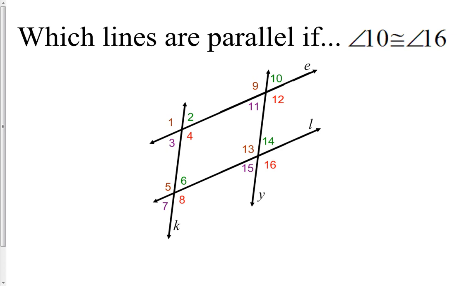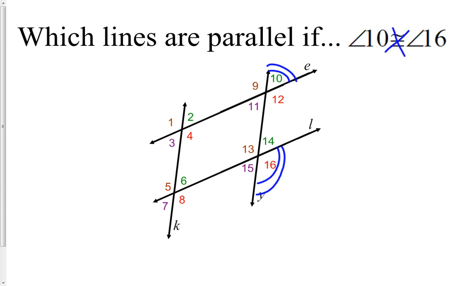Last one, what if 10 is congruent to 16? Well, what relationship are 10 and 16? They're not corresponding. They're not alternate exterior. They're certainly not alternate interior. 10 and 16 are consecutive exterior. And consecutive exterior angles, if lines are parallel, then consecutive exterior angles are supplementary, not congruent.